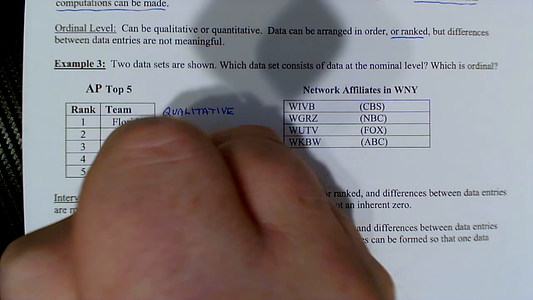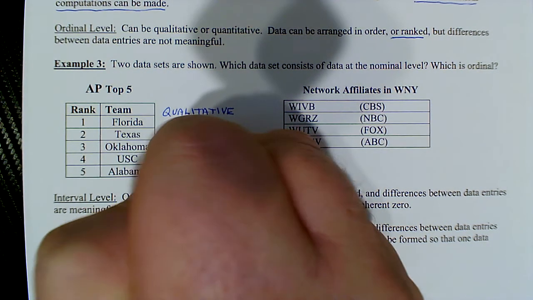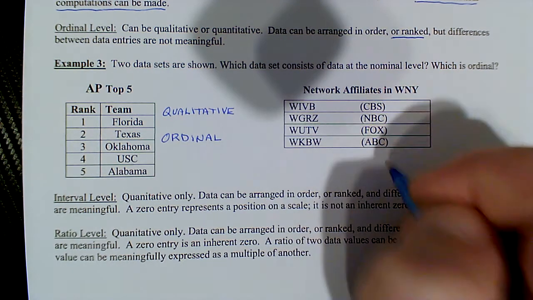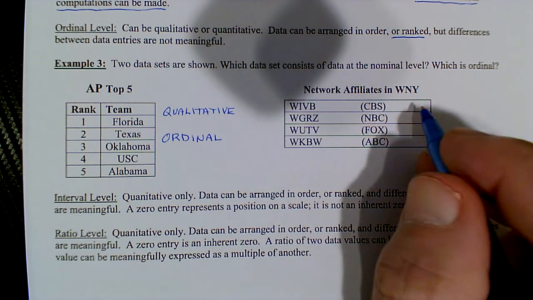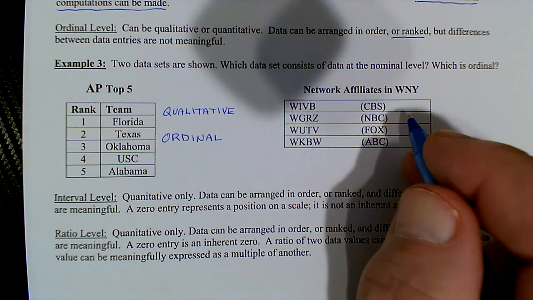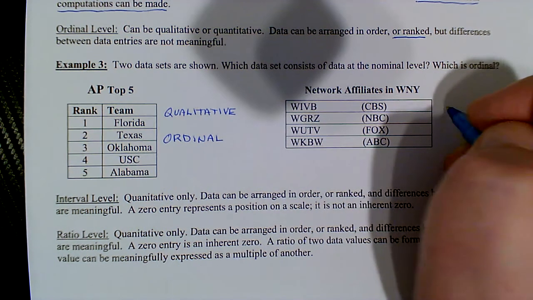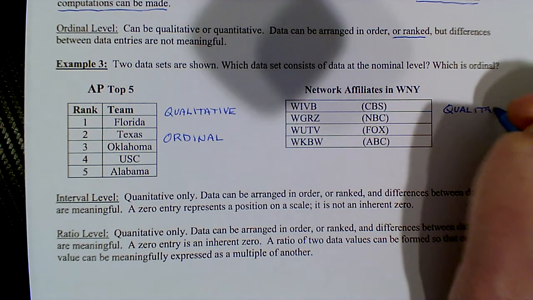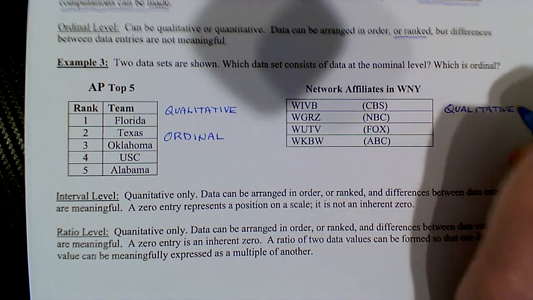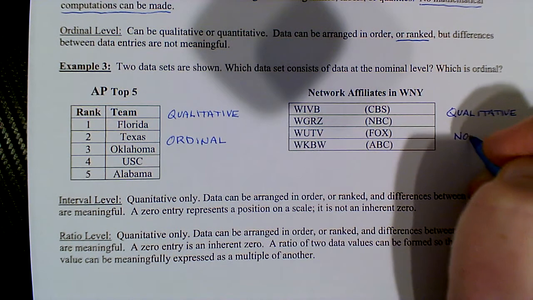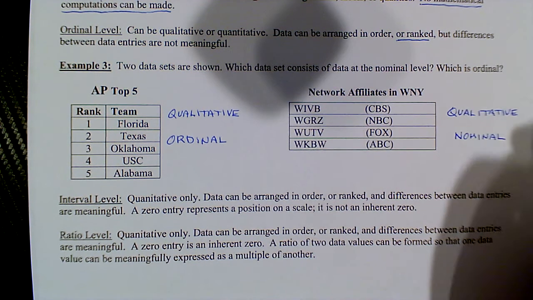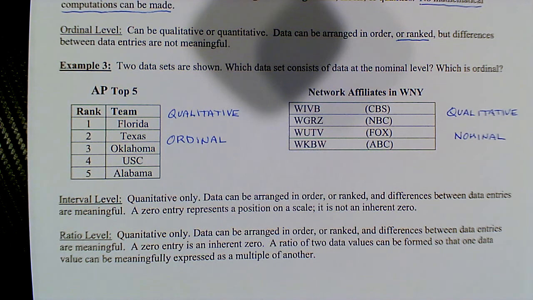So therefore they would be at the ordinal level. As opposed to this set where, although you could rank them, they're not ranked. They're obviously qualitative, again, because they're just names. But they're nominal, because they're not being ranked or put in any particular order.